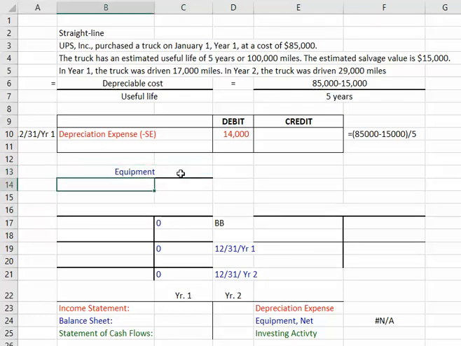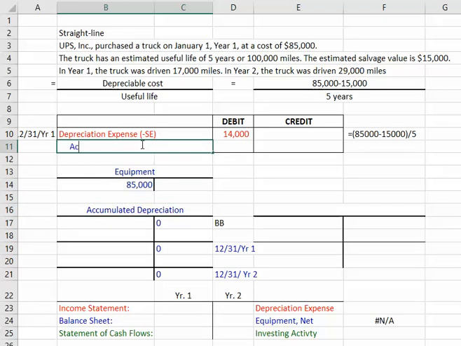The credit is not to the equipment account, because the truck would be referred to as an equipment account. So when we bought this, we debited equipment for $85,000 and probably cash. We're not going to credit this account; we're going to instead credit accumulated depreciation, which is a contra asset account, and it goes hand in hand with this equipment account.